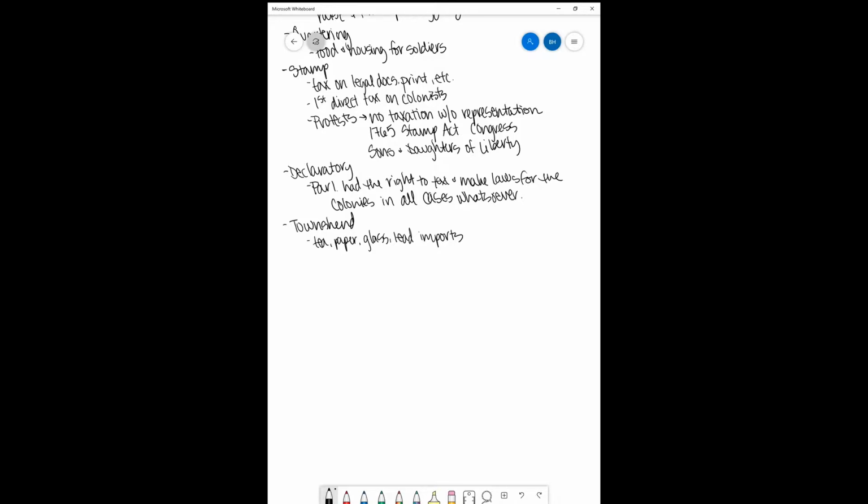Now, prior to the Townshend Acts, the individual colonies and colonial assemblies paid for the British officials, which meant that there was some sort of mutual working relationship, if you will, between the British officials and the colonial legislature, because they were like, hey, we pay your salary, right? Well, now the British are taking away that right, and the British officials are getting paid by the crown. And so now the colonists are like, well, we have no say, we have no one really on our side, and that type of idea.